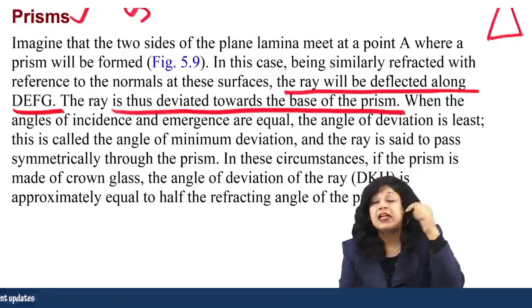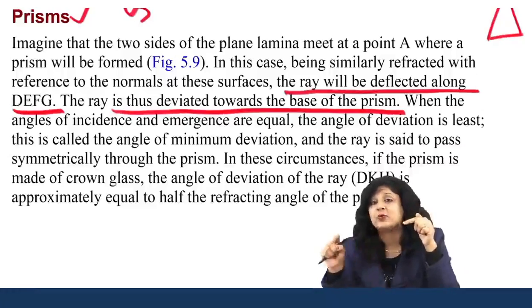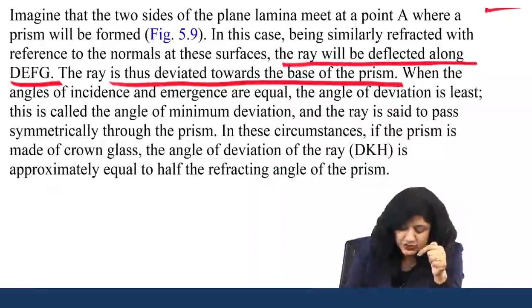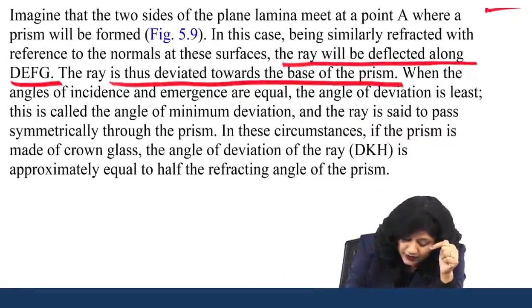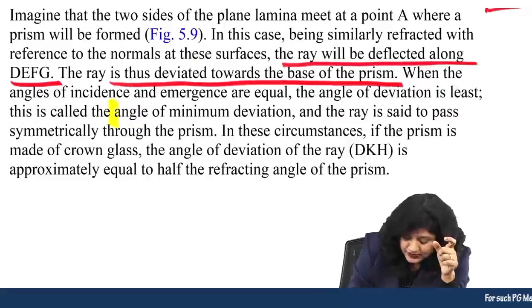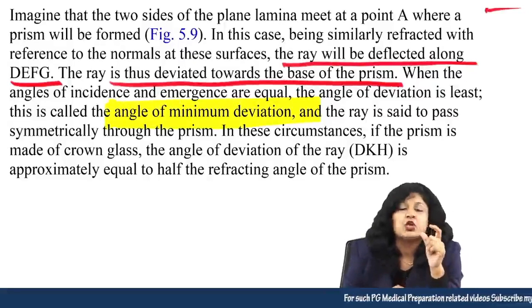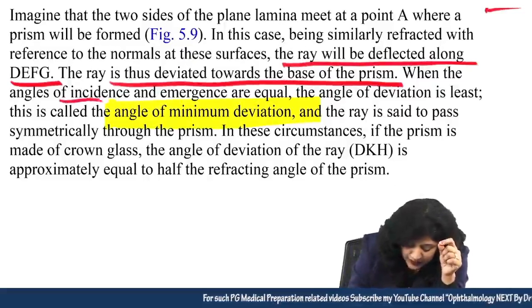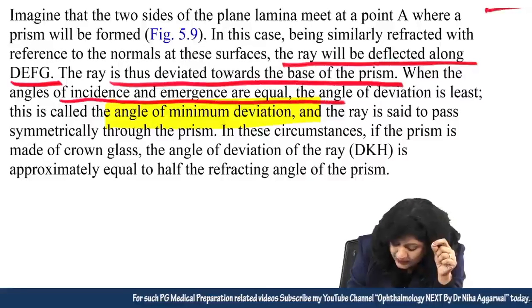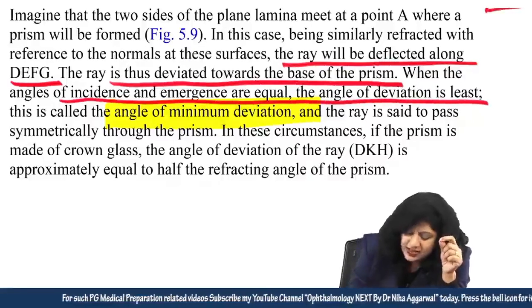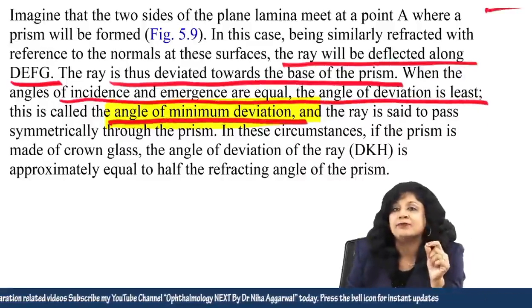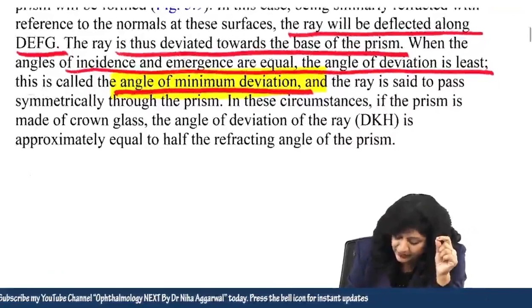Now they are trying to tell you what the angle of minimum deviation is. I get minimum deviation when the angle of incidence and the angle of emergence are equal. The angle of deviation will be least, and this is called the angle of minimum deviation, and the ray is said to pass symmetrically.